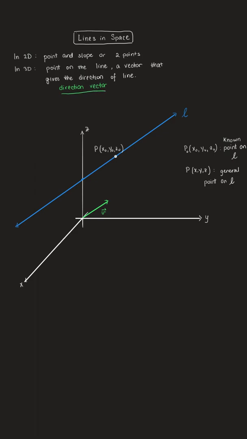So I have sketched here our line in blue that we're going to find its equation for. And notice that I put a little vector v at the origin, so v is a position vector in the direction of our line L. So this is what we're going to call our direction vector.